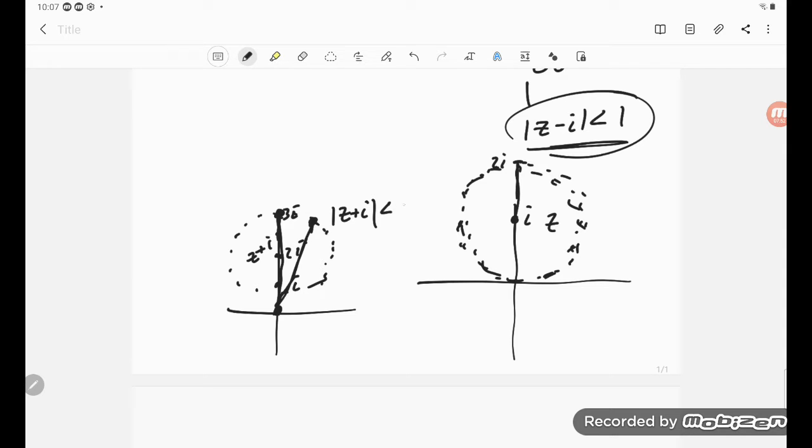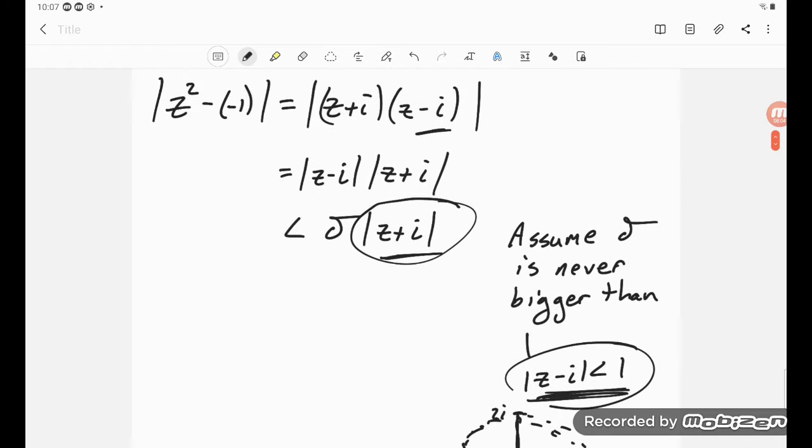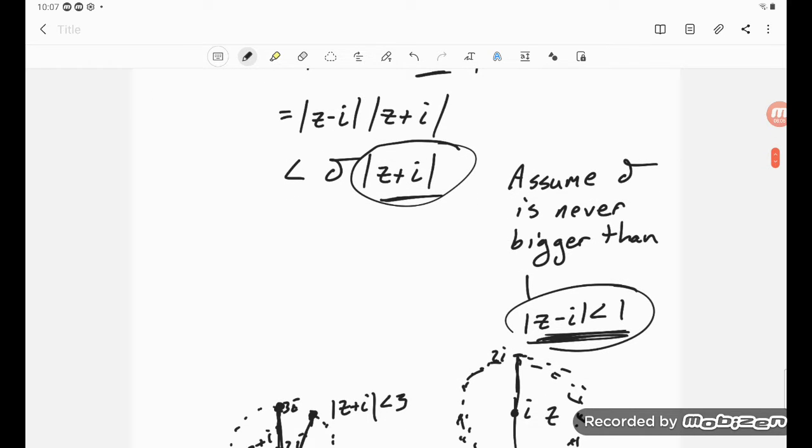Okay, so I know this is less than 3 if I make sure |z minus i| is less than 1. And so what I can do is then say that this, coming back to here, is less than 3 times delta.